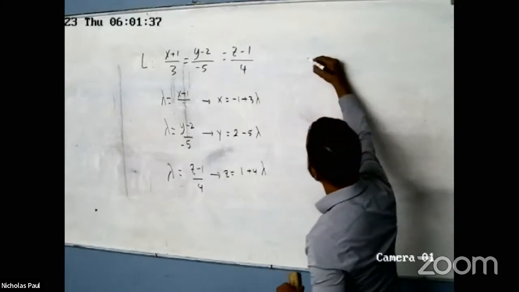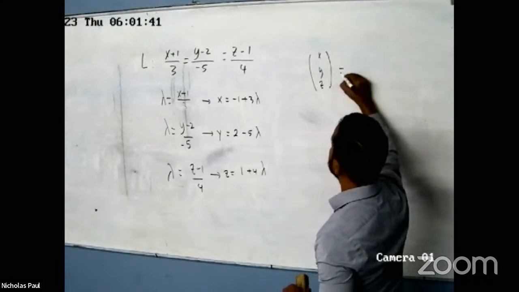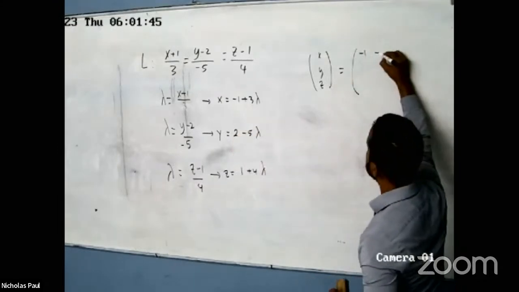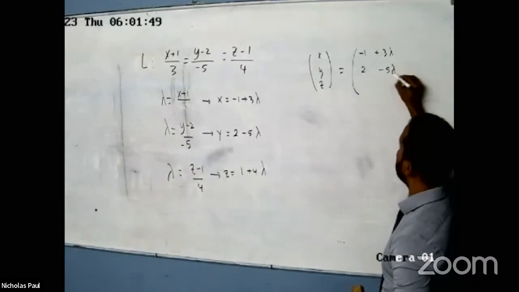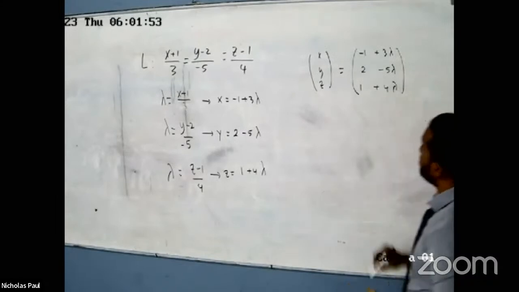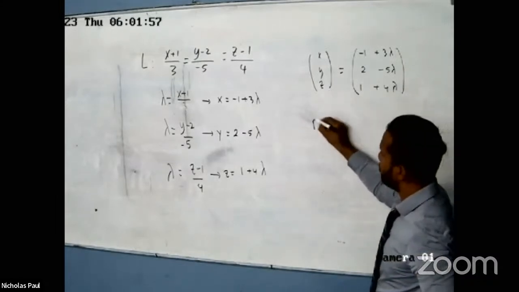Next step is to write (x, y, z) equal to this plus this. So that's (minus 1 plus 3 lambda, 2 minus 5 lambda, 1 plus 4 lambda). Are you okay with that? So this is your r.